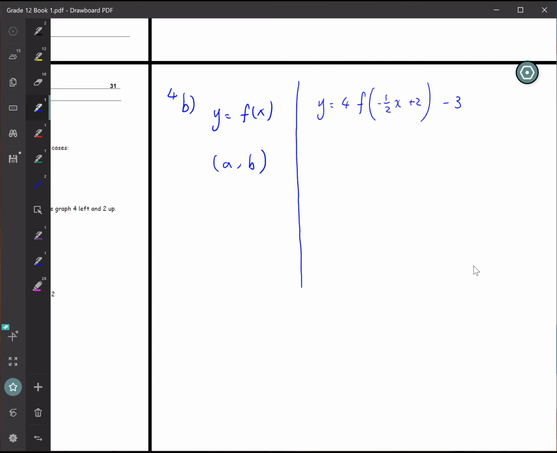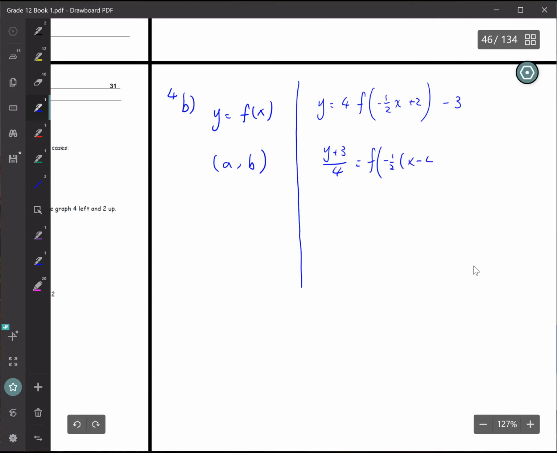It's y plus 3 over 4 equals f of f bracket negative 1 over 2 and the bracket x minus 4. Is that the final form? No. And then? You turn the negative 1 over 2 into negative 2. Yes, very good.